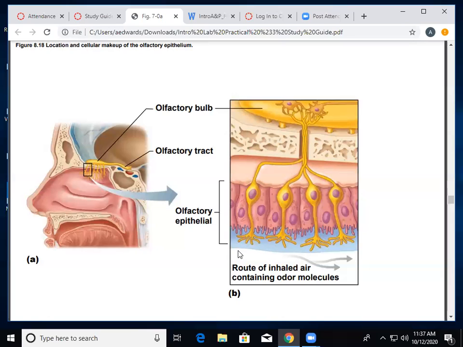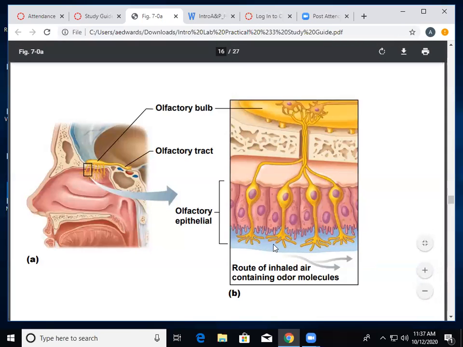As air is being inhaled and passes by those receptors, which have smaller receptors on them that can have different chemicals attached to them, they send the action potential up to the olfactory bulb, which then sends a signal to the brain. So it allows you to perceive what you're smelling.